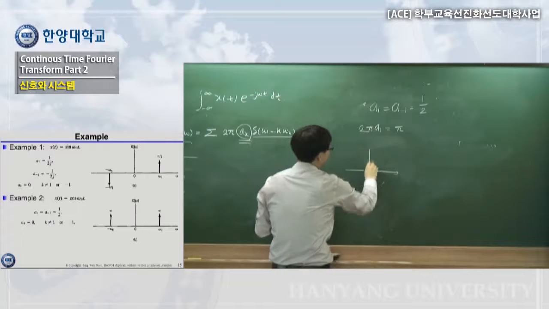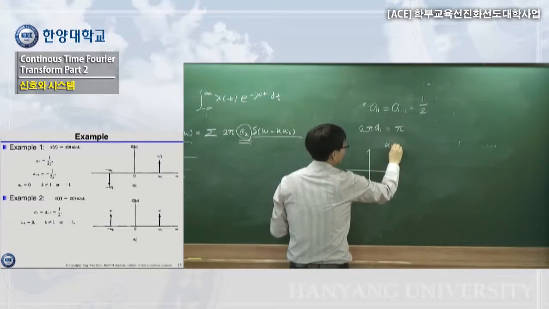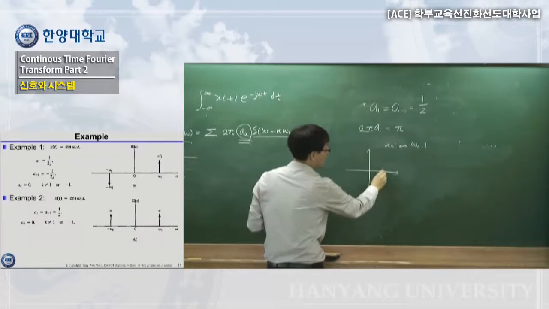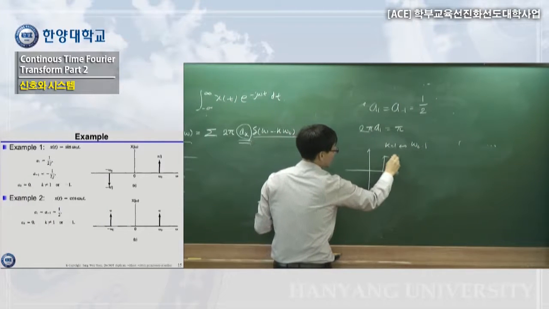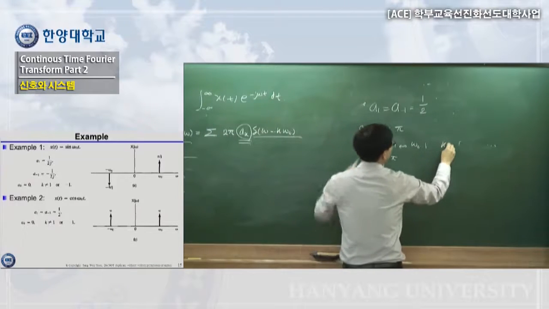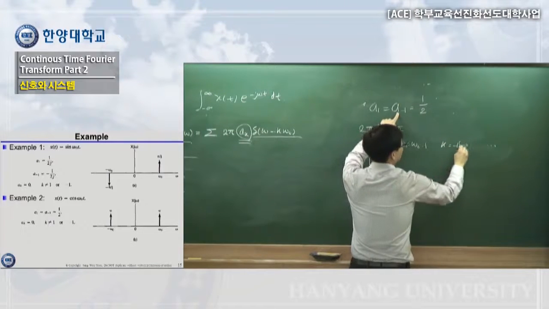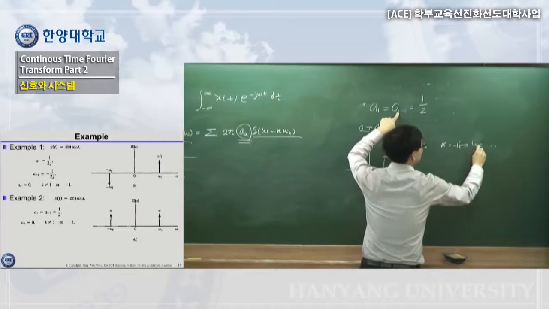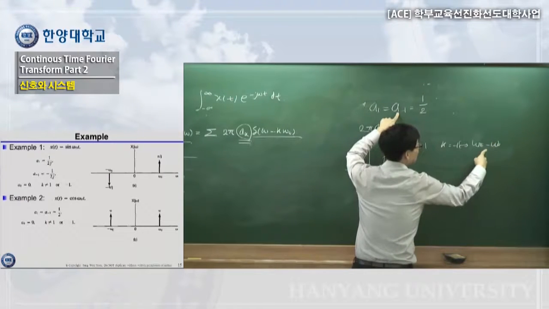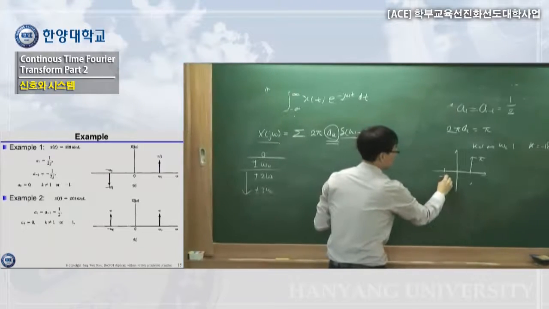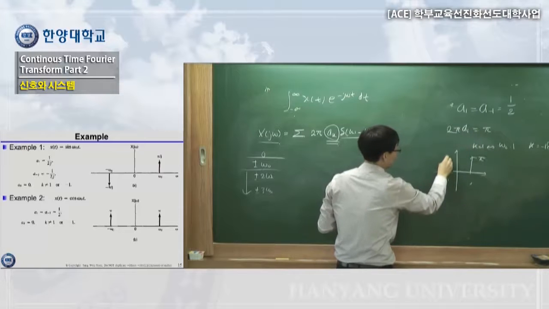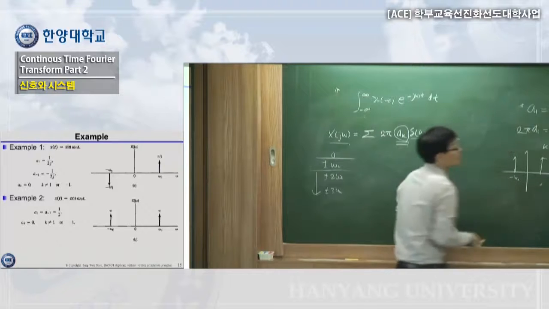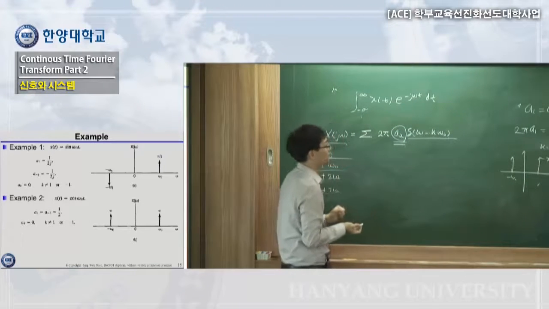So we can think of k equals 1 corresponding to omega 0 times 1, which is omega 0, with an amplitude of pi. When k equals minus 1, corresponding to the frequency equals minus 1 times omega 0, which is minus omega 0, the amplitude is pi, which is like that. So for a cosine, in the frequency domain, they will be represented like this, having an amplitude of pi.